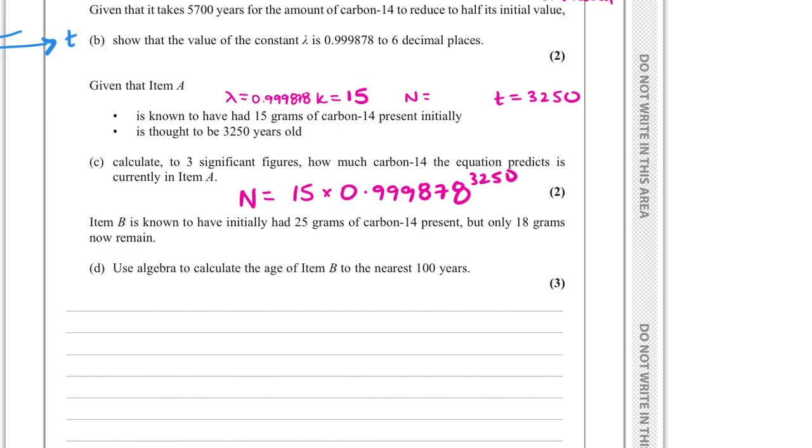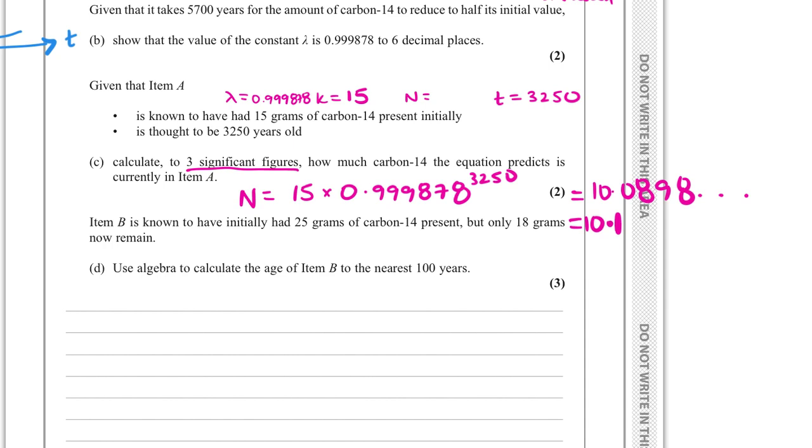Okay? And when I do that, I get 10.0898, etc. But what does it want? Three significant figures, okay, which is 10.1.